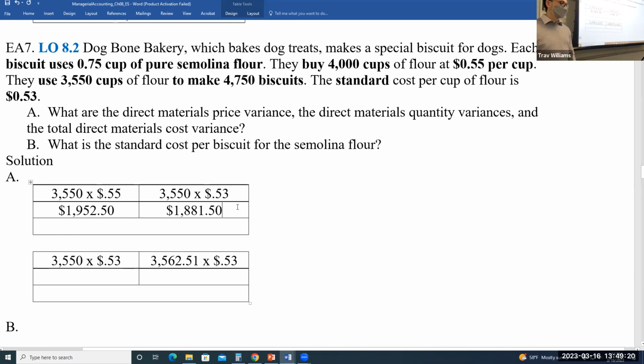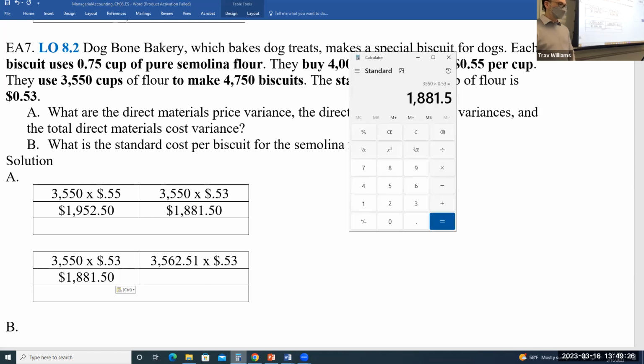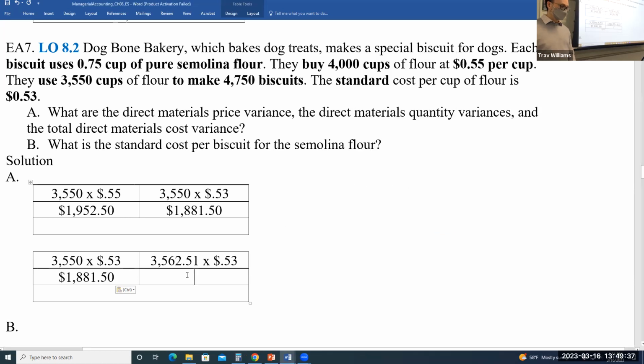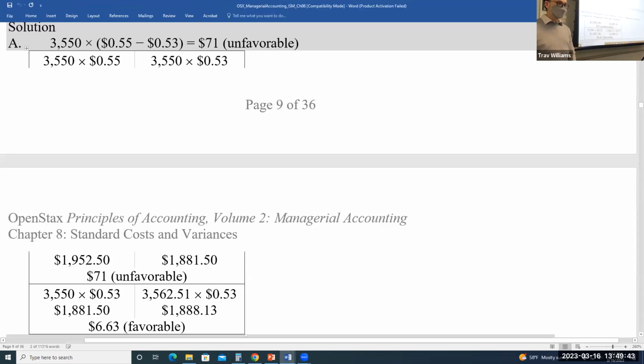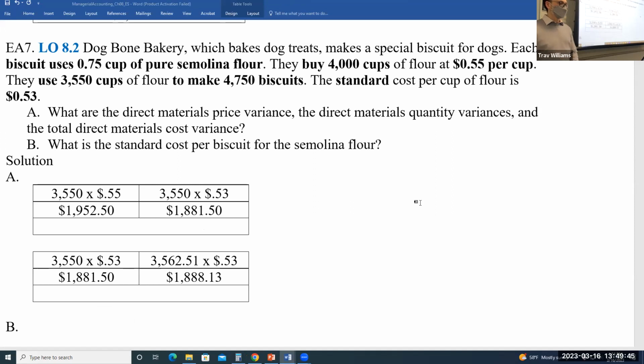And again, that's going to be the same number down here. And then the last one, 3,562.51 times 53 cents. Okay, we're going to round that off to 1,888.13. Yep, that's what they did. Okay.